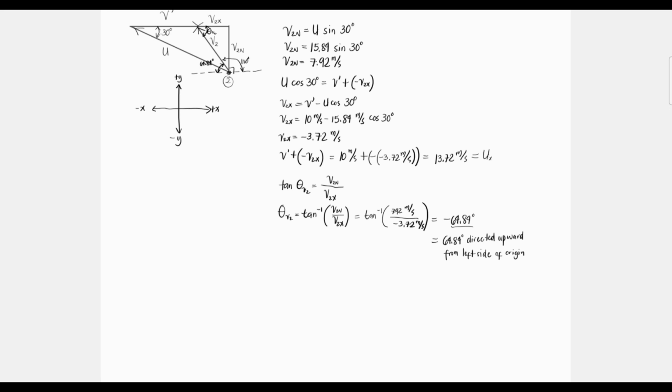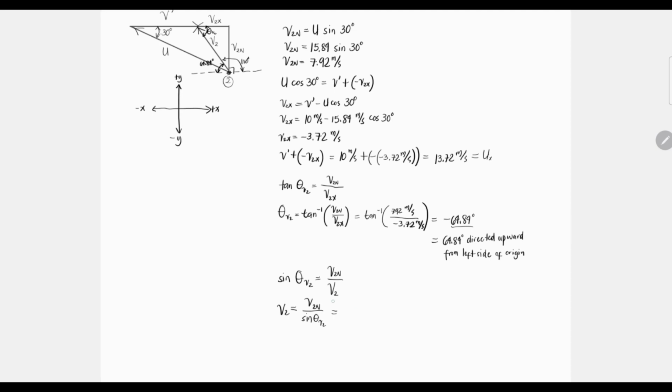So, since we now have the value for the angle of velocity 2, we can now solve for velocity 2. We can use the sine function. Sine of the angle of velocity 2 is equal to the opposite, which is v2n, over the hypotenuse, which is v2. Rearranging, v2 is equal to v2n over sine theta v2.